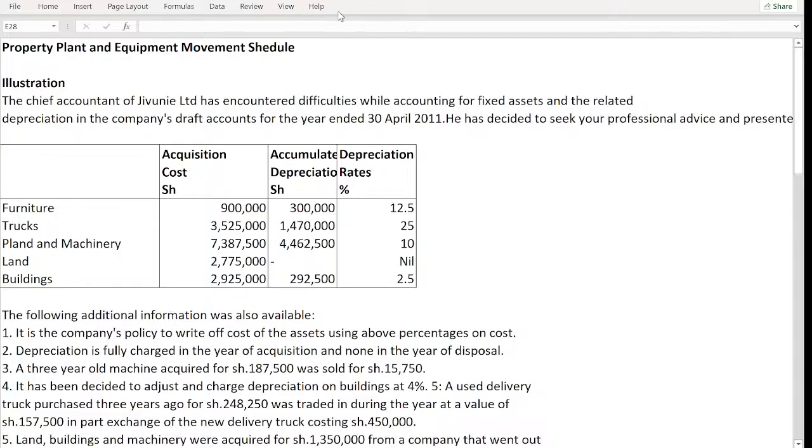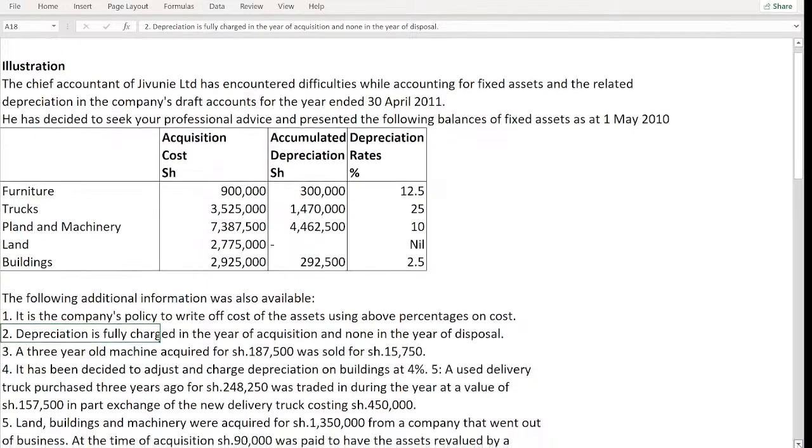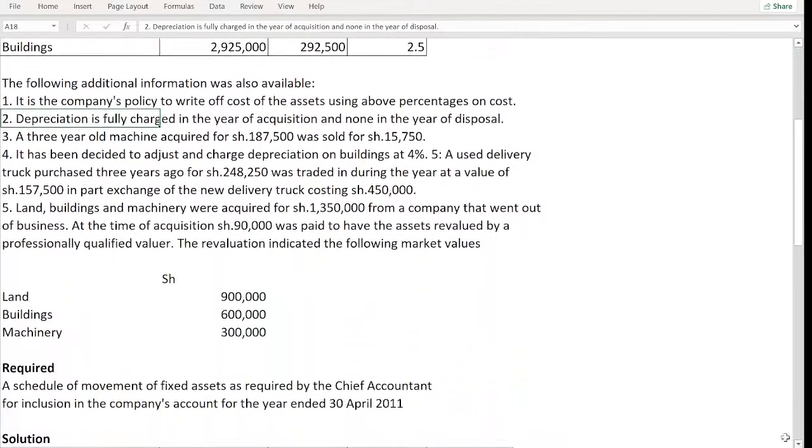Additional information. It is the company policy to write off the cost of the asset using the above percentages on cost. Depreciation is fully charged in the year of acquisition and none in the year of disposal. Then you have a 3-year-old machine acquired for 187,500 sold for 15,750.